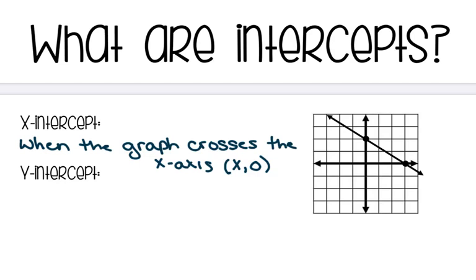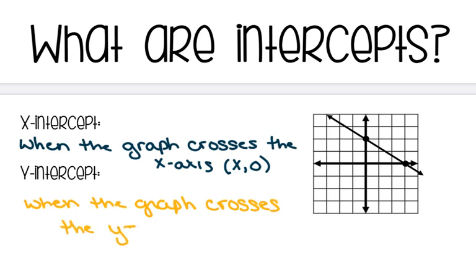The y-intercept, we should already know, is when the graph crosses the y-axis. And this time, it would always be 0 and then a y value.